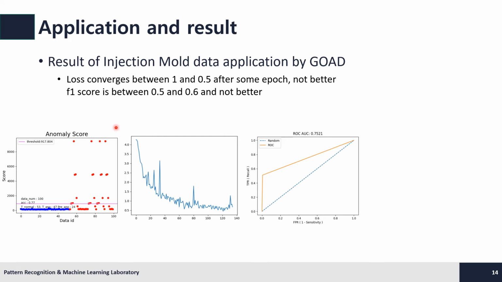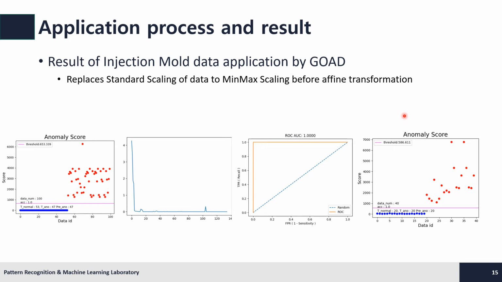The F1 score was between 0.5 and 0.6 and was not better. I solved the problem by changing from standard scaling to min-max scaling, and the result came out well. The test data and valid data.